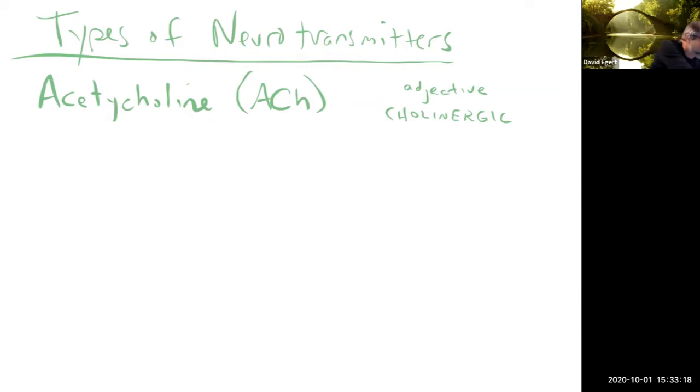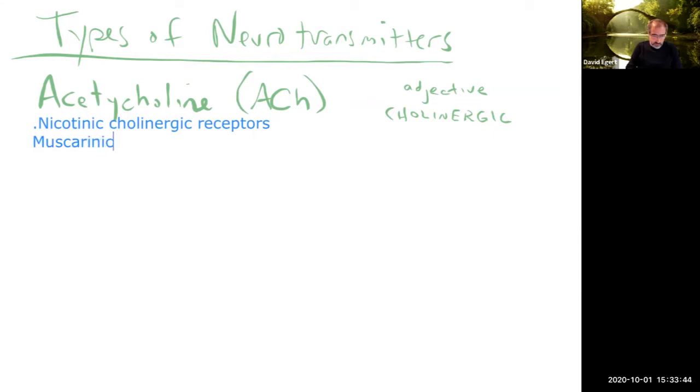And this might be easier just to type out so I can do it faster and it's more legible even. So there are going to be nicotinic cholinergic receptors. There's going to be muscarinic cholinergic receptors.